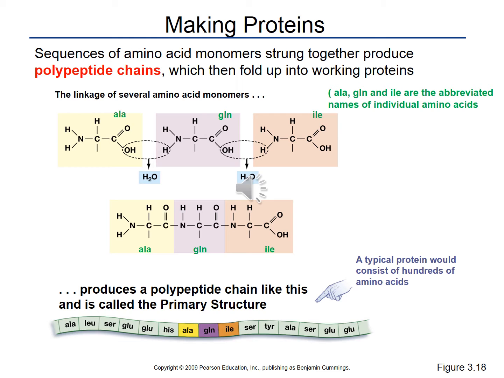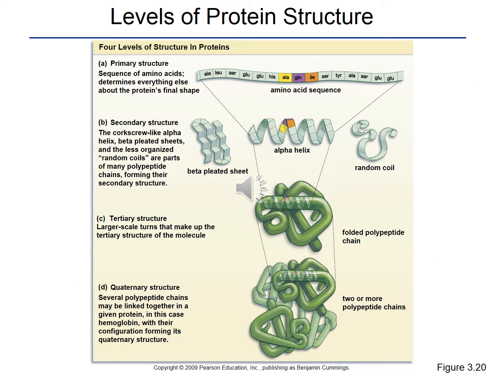In order for a protein to be a fully functioning protein, like what we've talked about in lab, referring back to catalase and how it needed to be in its three-dimensional structure, this is how proteins get into that three-dimensional structure.